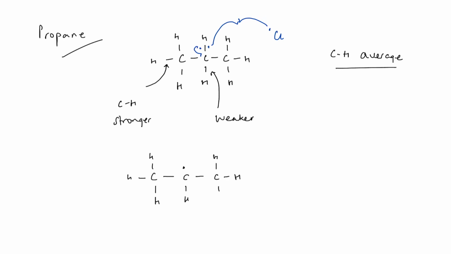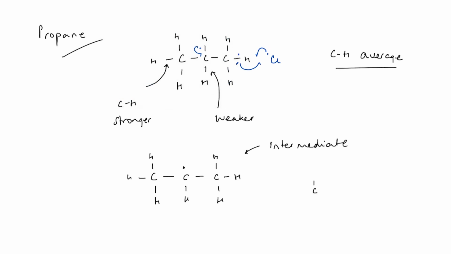We find that this intermediate, lots of new words today, this intermediate carbon radical is actually more stable than if, say, the chlorine had taken a hydrogen off the end.